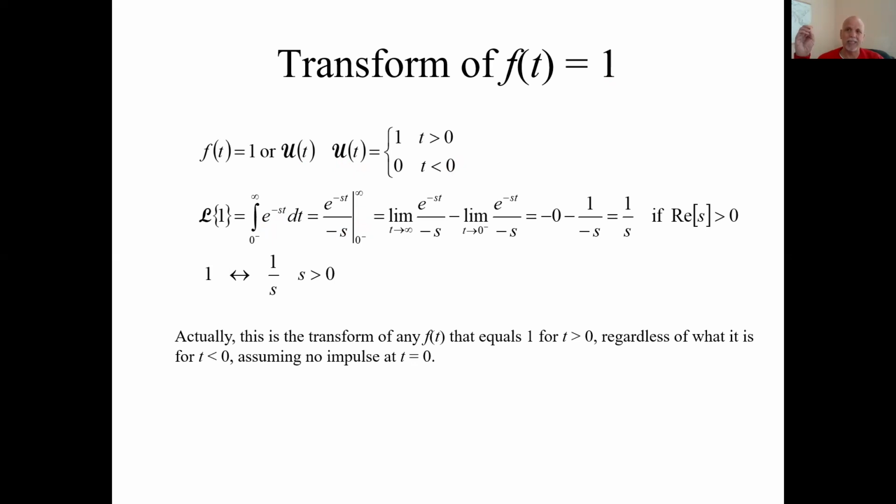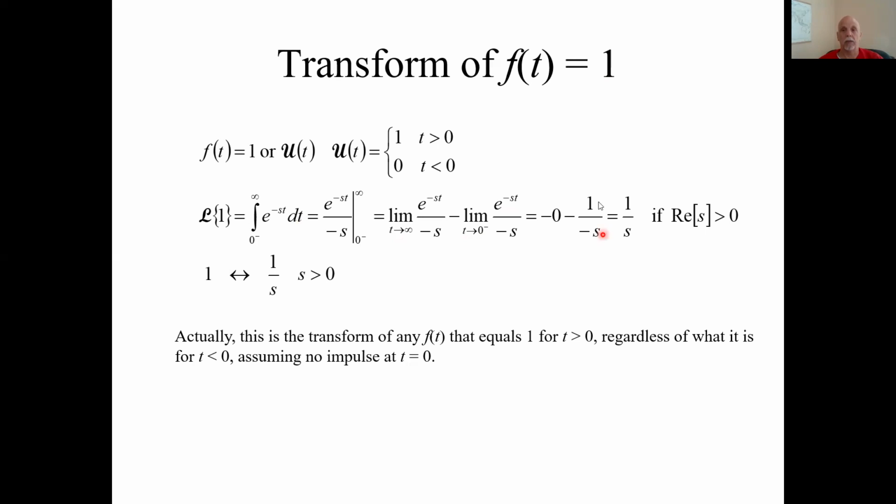That means take the limit at each limit of the integral. So this top limit says take the limit as t, our variable of integration, goes to positive infinity. The lower limit says take the limit as t goes to 0 from the left. Well, this lower limit, when t equals 0, that's a 1 on top.